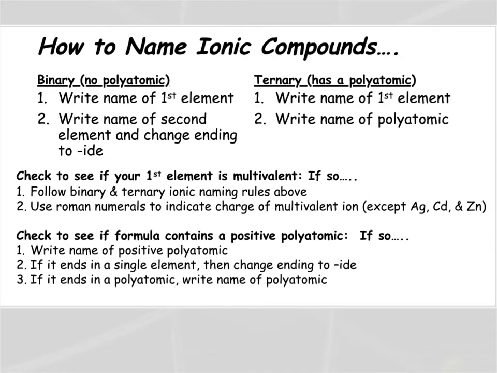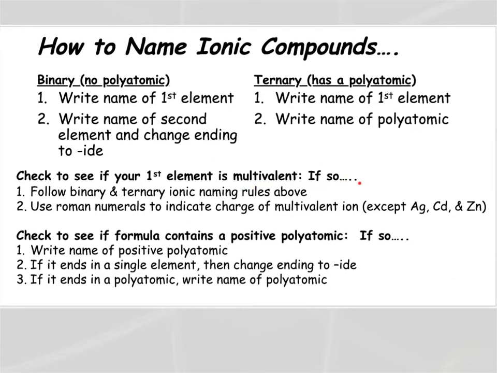Next, we're going to focus on a few additional things you need to be aware of whenever you're naming binary or ternary compounds. One is you need to check your first element and see if it's multivalent, meaning is it located in the middle or the skip column?